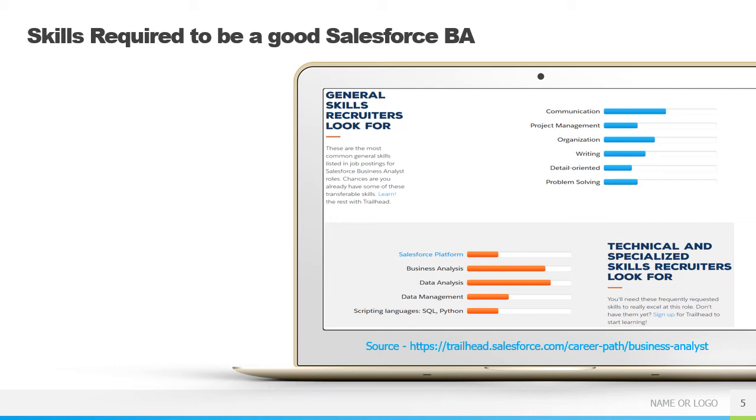For example, total sales of two different companies on two different Salesforce instances, right? With the right permissions, it is possible. But let's not go too much deep into it. Just as an example, scripting languages could be helpful because you can then understand the behind the scenes operations of a custom code.